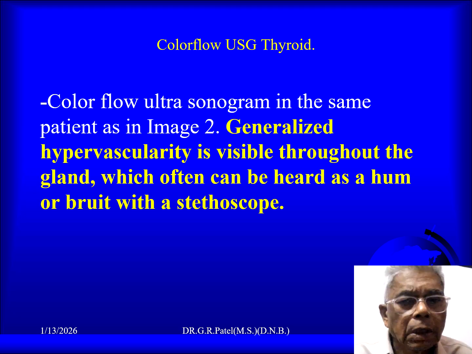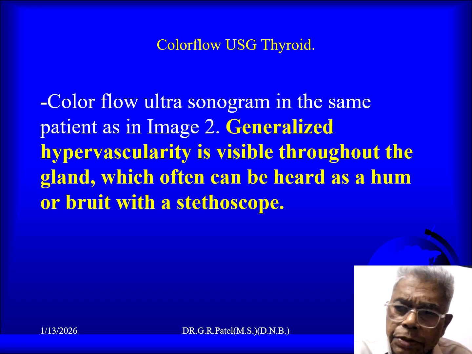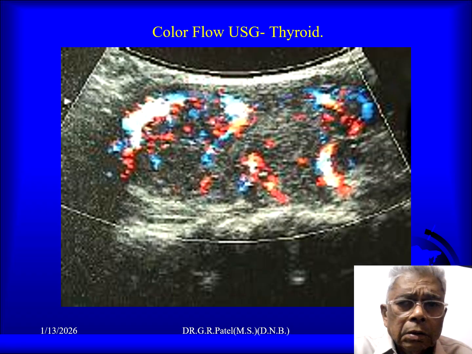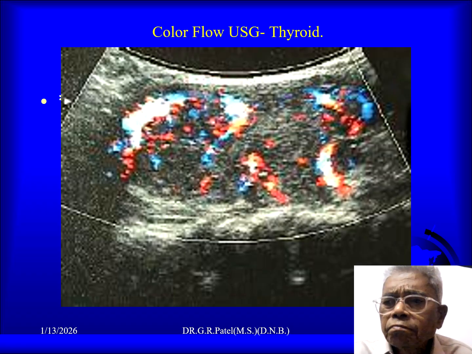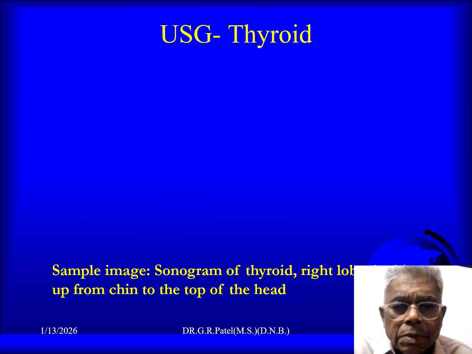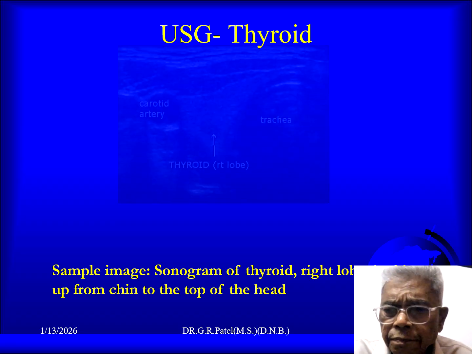Generalized hypervascularity is visible throughout the gland, which often can be heard as a hum or bruit with a stethoscope. Sonogram of the thyroid right lobe.